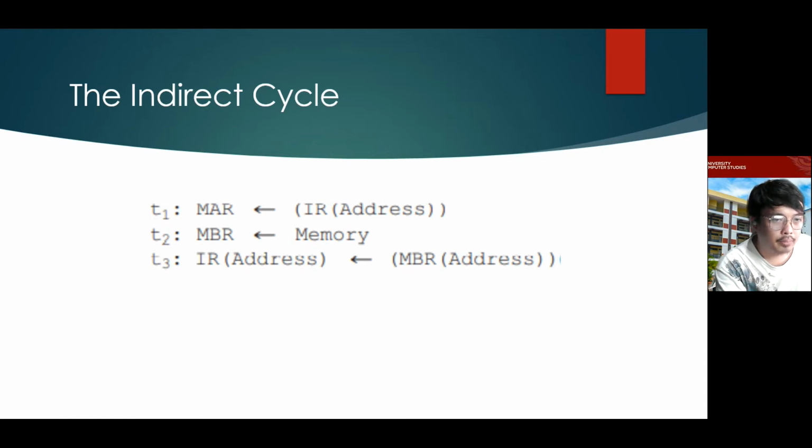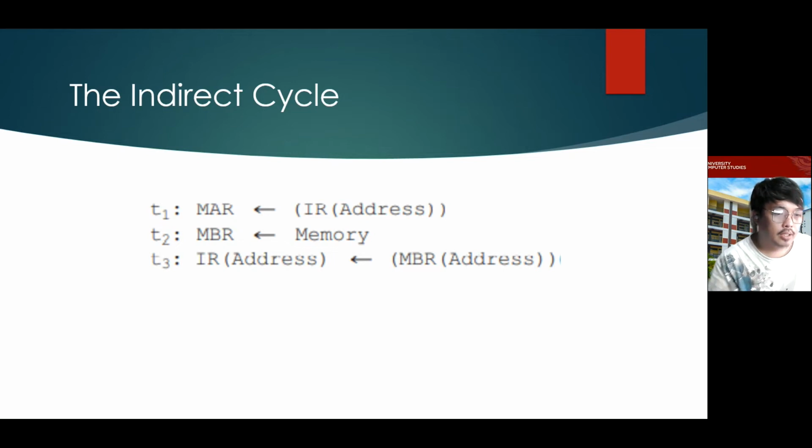And continuing our simple example kanina, let us assume one address instruction format with a direct and indirect address allowed dun sa instruction. And if the instruction specifies an indirect address, then the indirect cycle must precede the execution cycle.